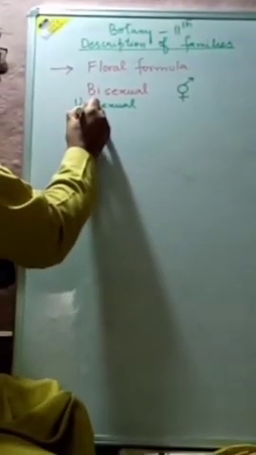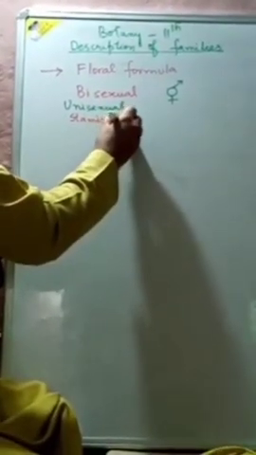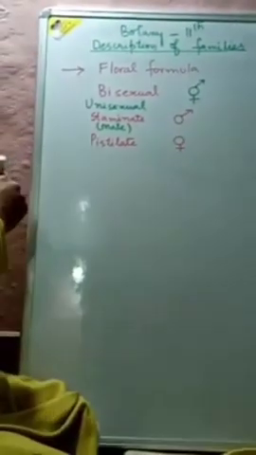When it is a male reproductive organ, then it is called as staminate. Staminate को हम symbolize इस तरह कर लेते हैं. And when it has got, this is the male reproductive organ, male. And now we have got one more, that is the female, that is called as the pistillate. इसको हम symbolize इस तरह कर लेते हैं, that is the female.